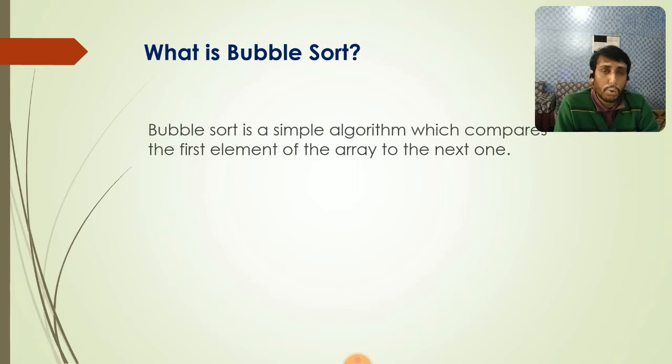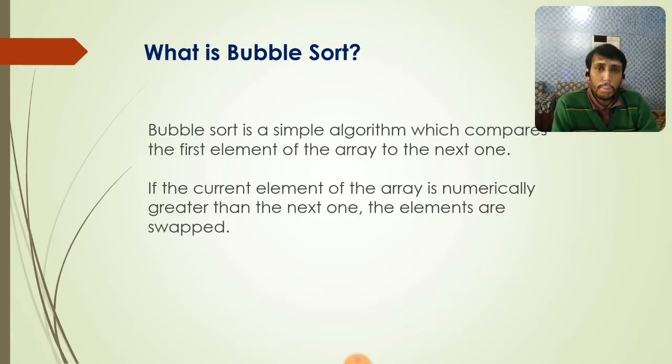I have written the algorithm for you, so you can see how this bubble sorting is working. If the current element of the array is numerically greater than the next one, the elements are swapped. That means if index number 0 is greater than index number 1, then swapping will be done.